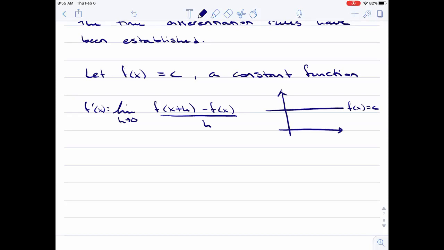Going from x to x plus h, the values are all just c. So now we find the limit as h goes to 0 of c minus c over h.